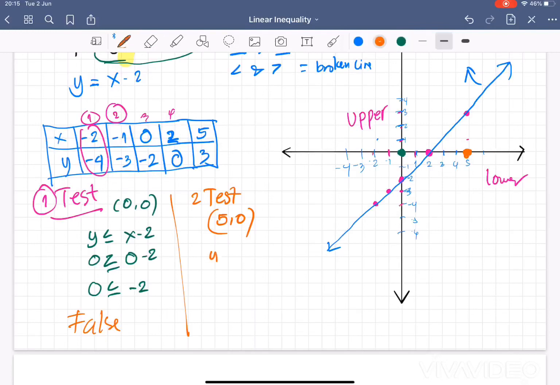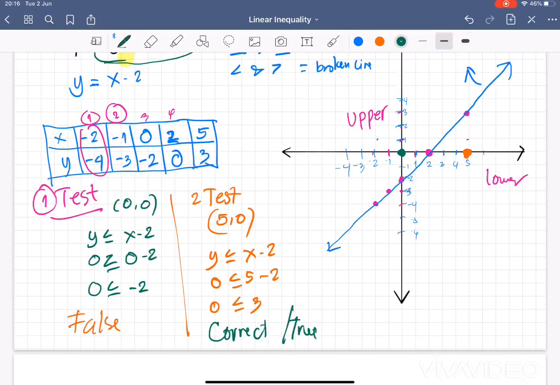We have y is less than or equal to x minus 2. X is 5, minus 2, and our y actually is 0. So 5 minus 2 is 3. So is 0 less than or equal to 3? Yes, that's correct. So this is true.